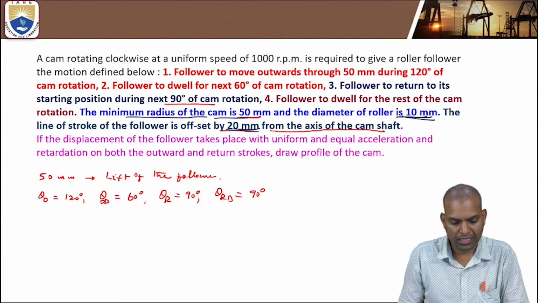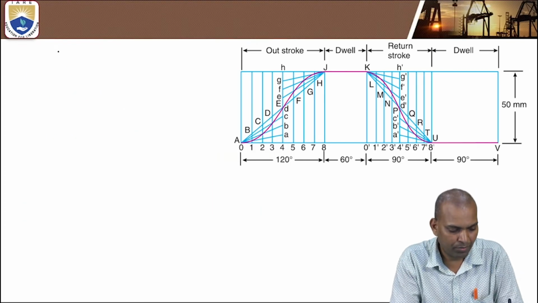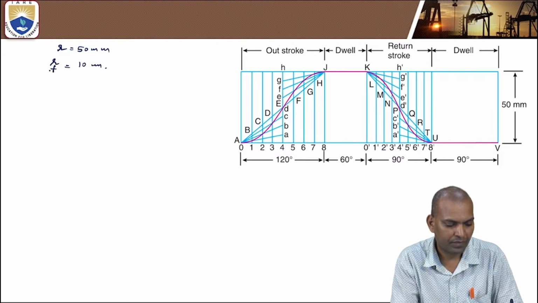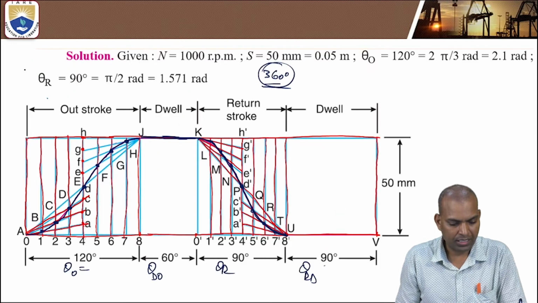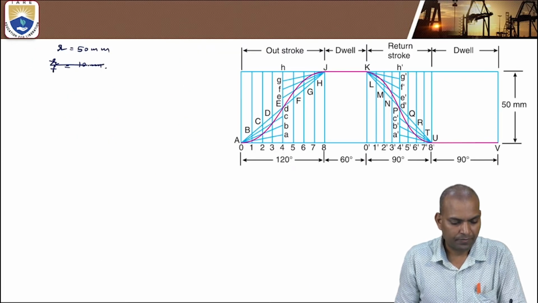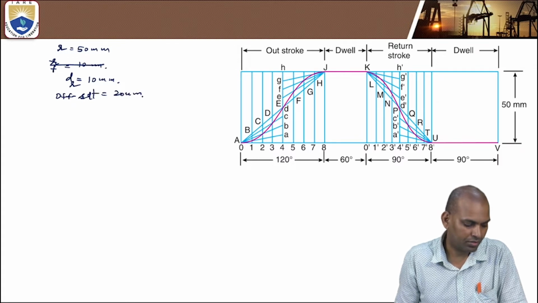Alright, roller 10 millimeters, offset by 20. The minimum radius of the cam is 50 millimeters. The diameter of the roller equals 10 millimeters. Offset equals 20 millimeters.